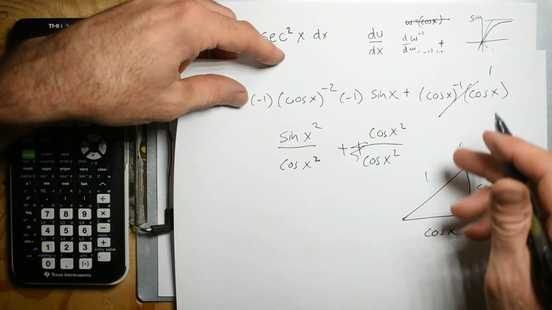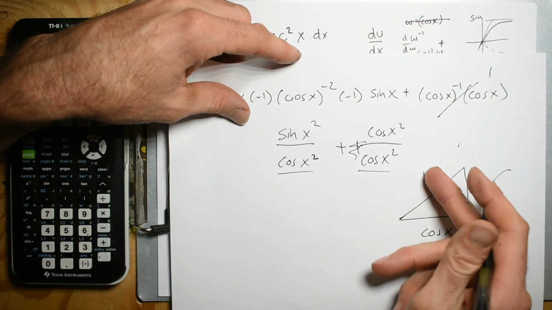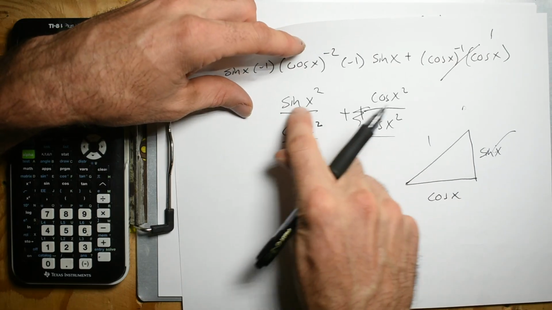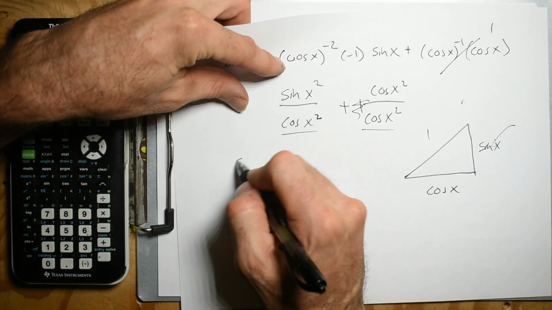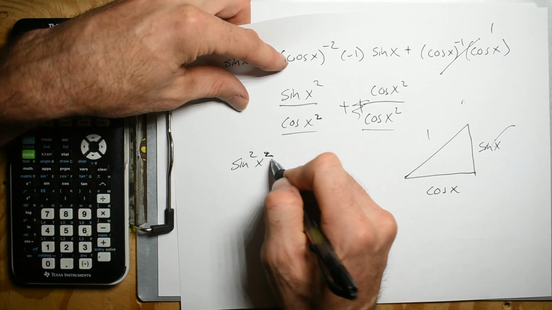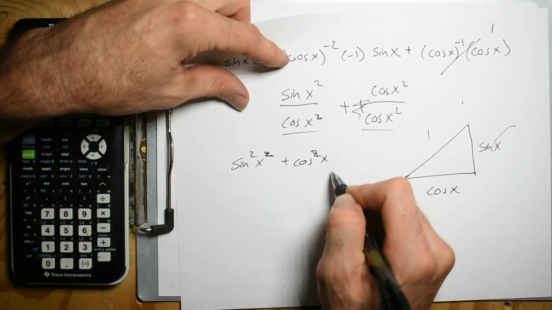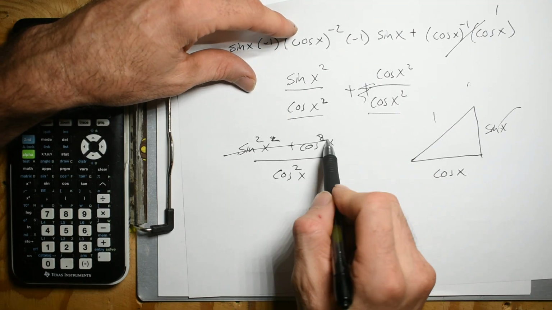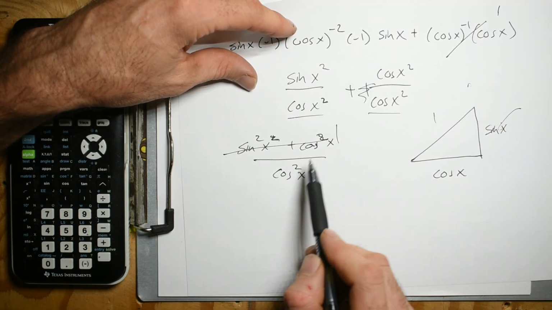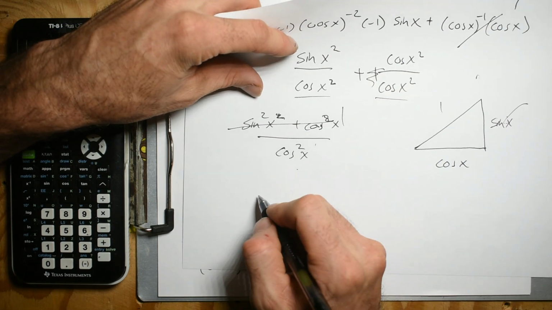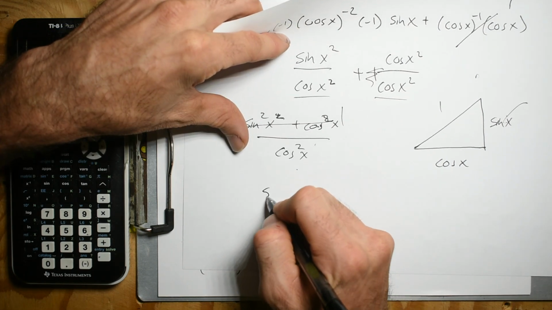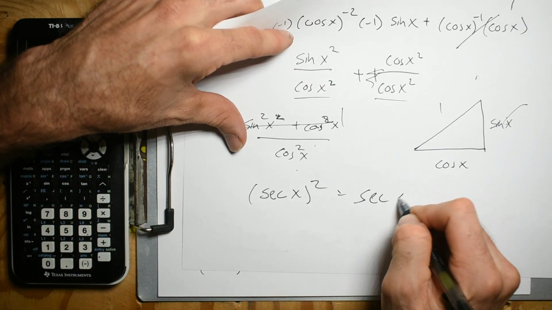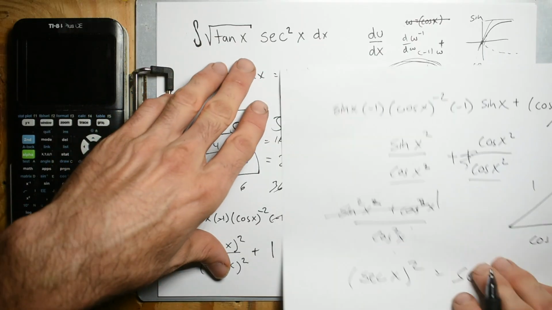So if you do product rule, make sure your denominators are the same to get it looking like the quotient rule, especially for trigonometric functions, because then you're going to have sine x squared plus cosine x squared divided by cosine x squared. The Pythagorean theorem says that's 1, and you have 1 divided by cosine squared, which is secant x squared, or written like this. Hell yeah. So there you go.